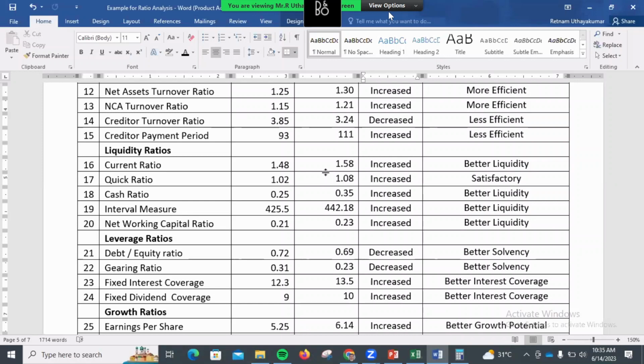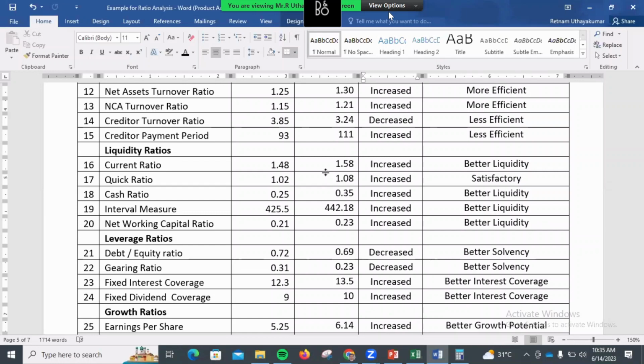Cash ratio. This also should be examined in comparative terms. There's no standard given in the literature about the cash ratio. So whenever you find that the ratio is more than the previous one, you can identify better liquidity. Interval measures are interpreted in the same way.